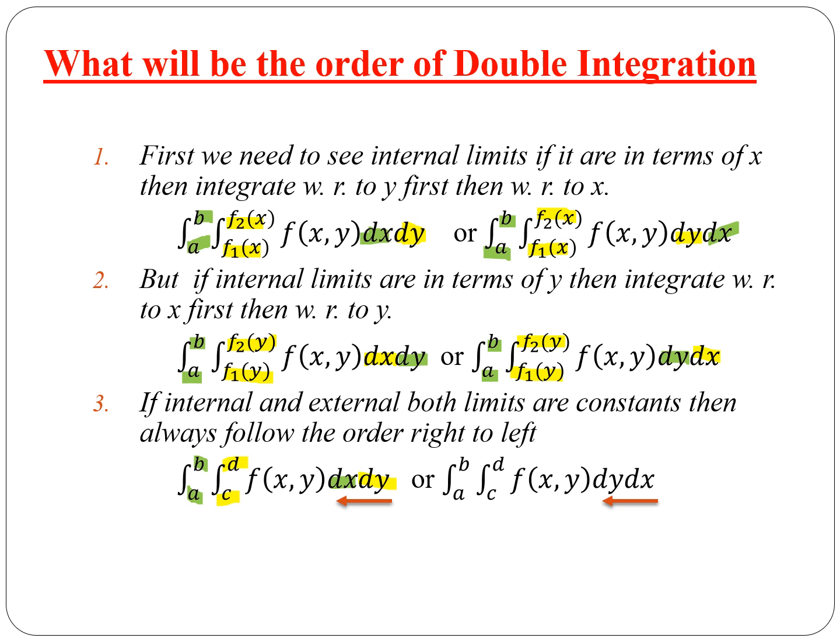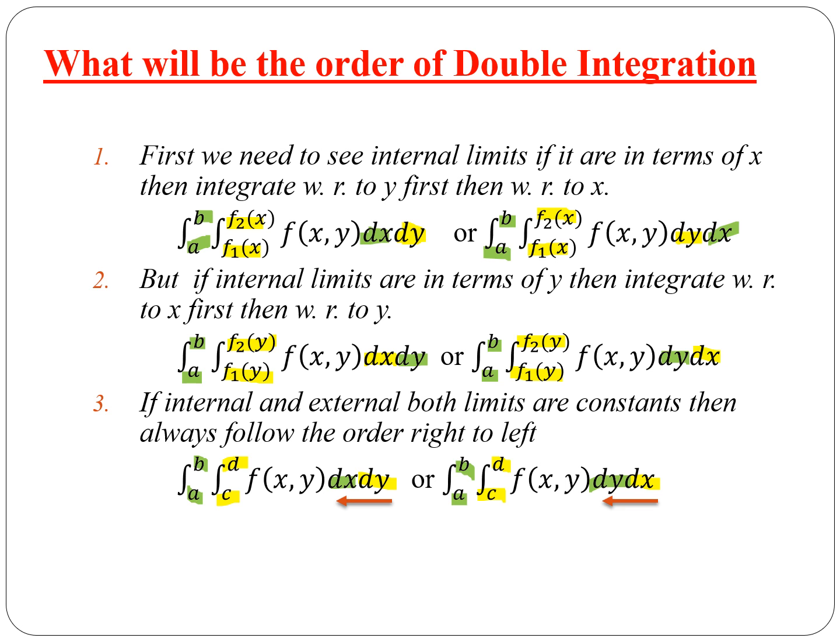Here dy dx is written and both limits are constant. So obviously first we have to integrate with respect to x, and the x limit will be your internal limit, that is c to d, and then we integrate with respect to y, and the y limits are the external limit, that is a to b. That order only follows when both limits are constant.